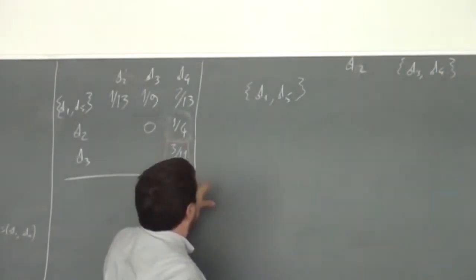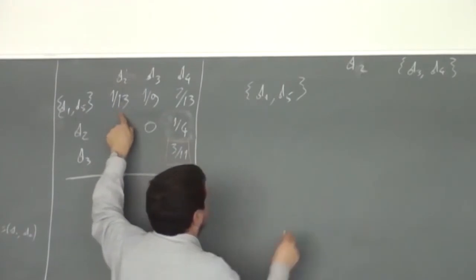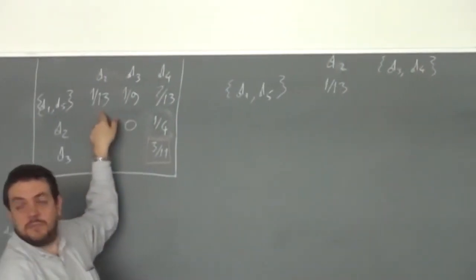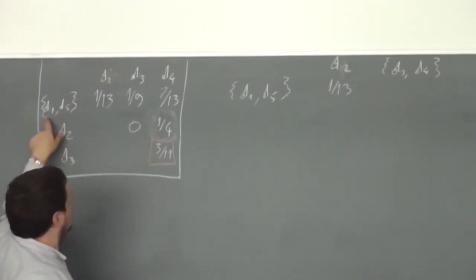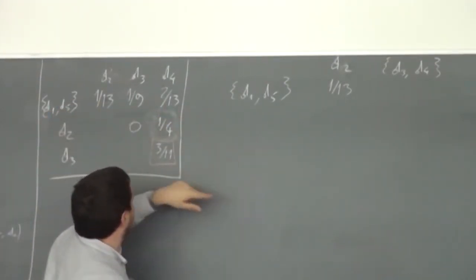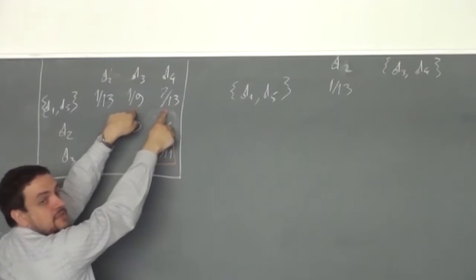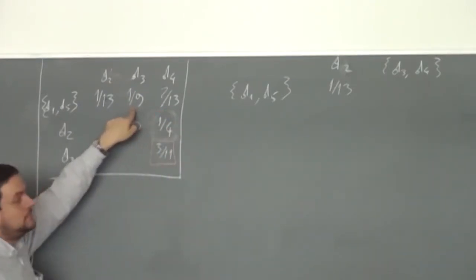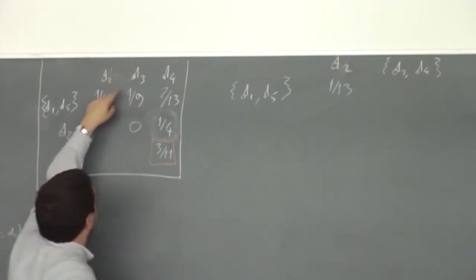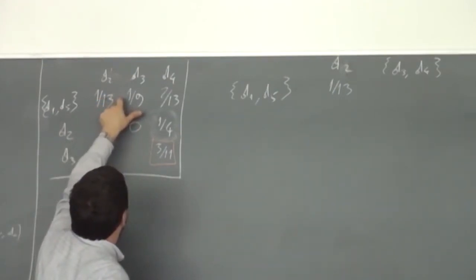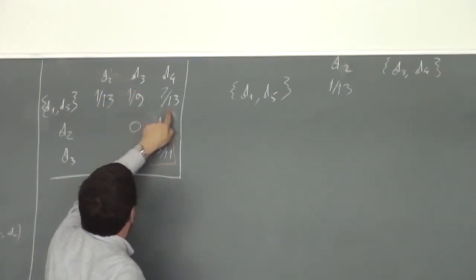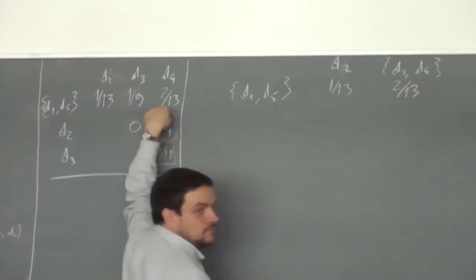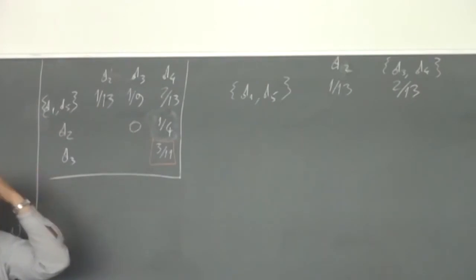So actually the similarity between D1, D5 and D2 is the same as before, 1 over 13. The similarity between D1, D5 and D3, D4 is the largest between the two similarities of D3 and D4. So in this case, it's 2 over 13, which is larger than 1/9.